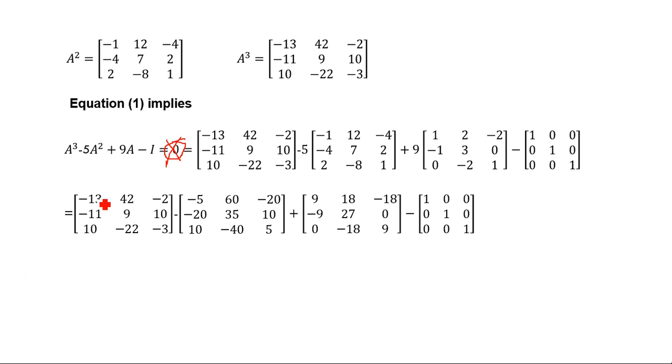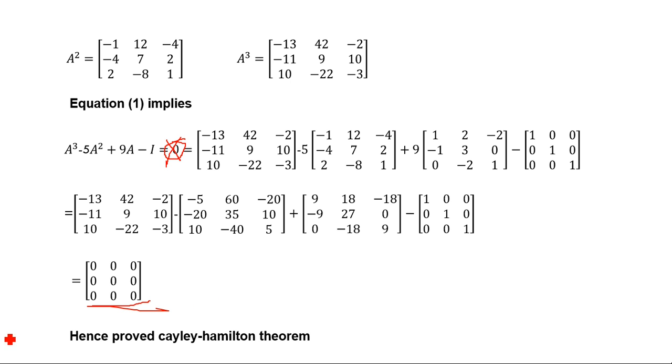When you are doing that calculation, you are adding all these matrices, minus 13 minus 5 plus 9 minus 1. So you will get 0. So what should be the final matrix? It is the null matrix. So hence we verify the Cayley-Hamilton theorem.